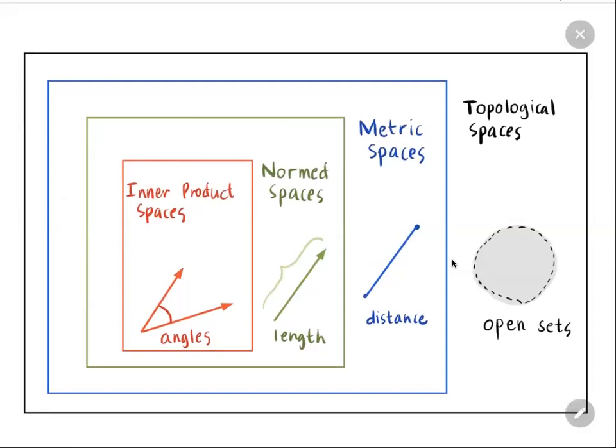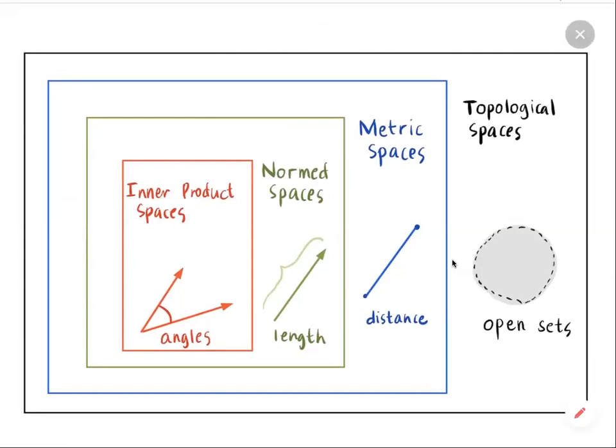So once you have a concept of length, you can have a concept of distance. The distance between two points would be the norm of the difference. So a norm induces a distance. And finally, we have the inner product spaces.